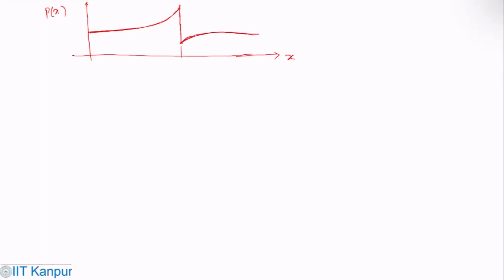This is 1, 2, 3, again 0. Here P of 0 equals P of minus infinity, and P1 is P of 0 minus, P2 equals P of 0 plus, P3 equals P of infinity equals P naught. This is your reference position, and this is how the X varies.